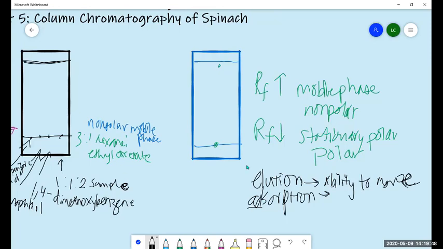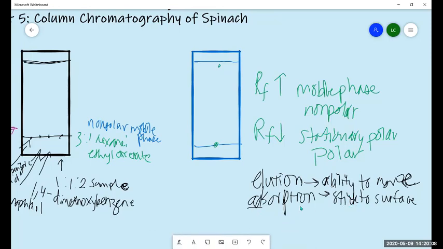Nothing is penetrating anything, but it's how well you stick to the surface. You can think of it like friction, like trying to push something, and then you feel the resistance, kind of like that.